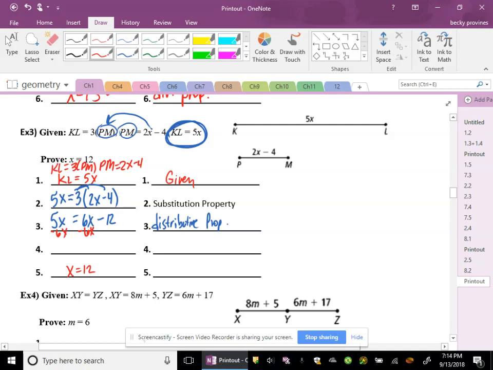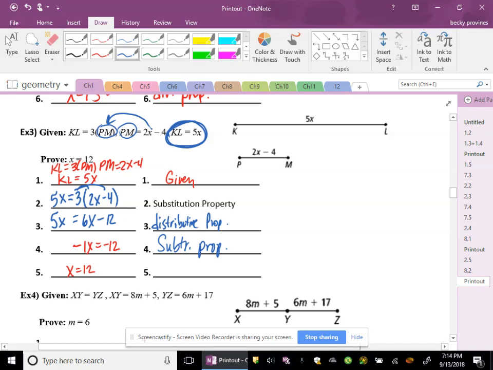So what's 5x minus 6x? That is a negative 1x equals negative 12. And that's how I get that. Now, what property did I use? I moved it over with subtraction. So it's the subtraction property.